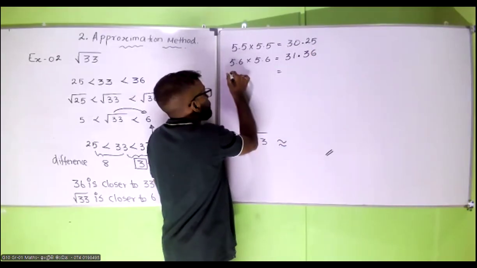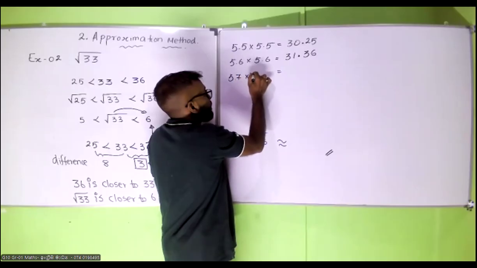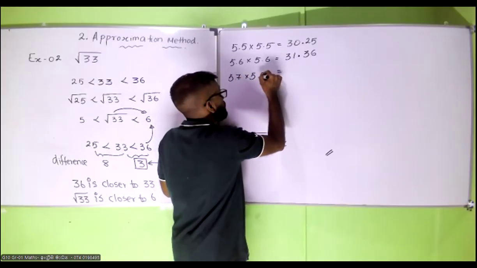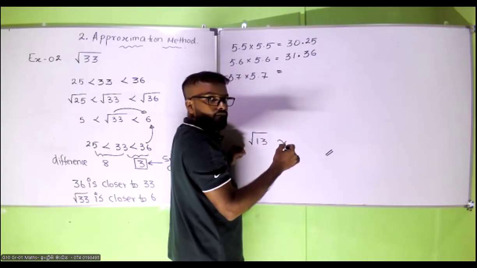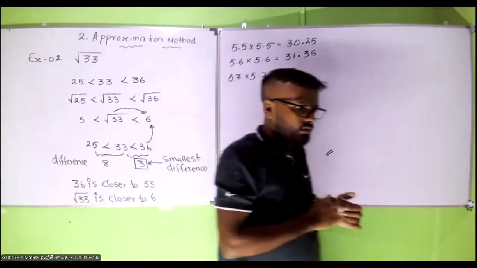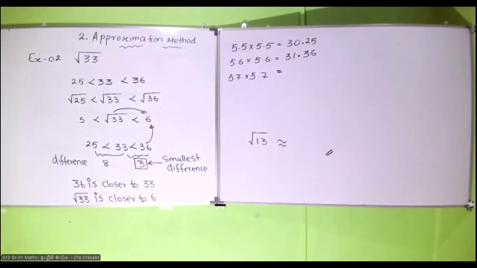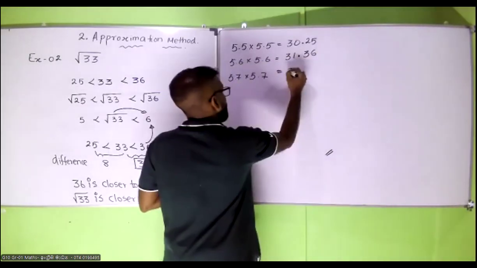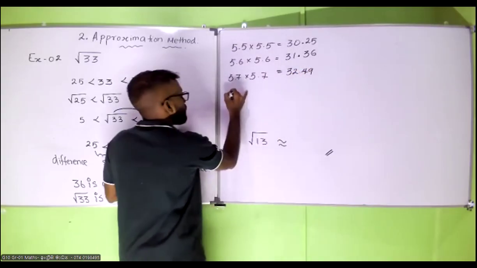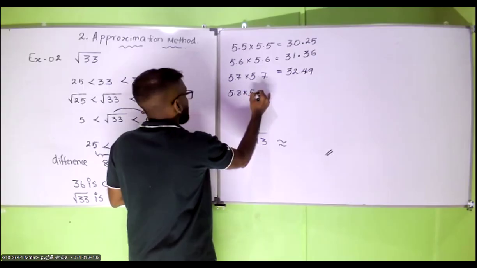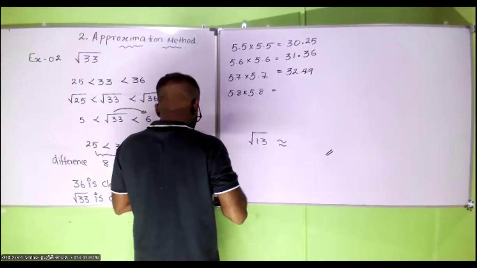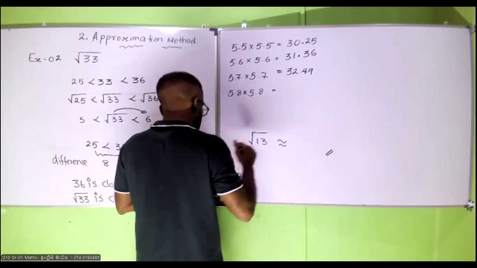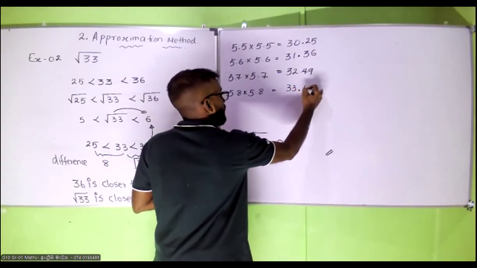Next one. This one. 32.49. All right. 5.8 into 5.8. 33.64.